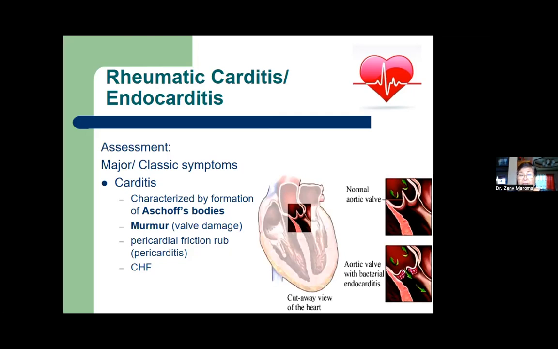Initially, there is formation of Aschoff bodies. No? So these are lesions which are present in the heart. And because of valvular damage, there's a murmur, okay? Because of valvular damage, which can be valvular stenosis or regurgitation. You will hear the pericardial friction rub kung si patient ay may pericarditis. And all of these will lead to heart failure.